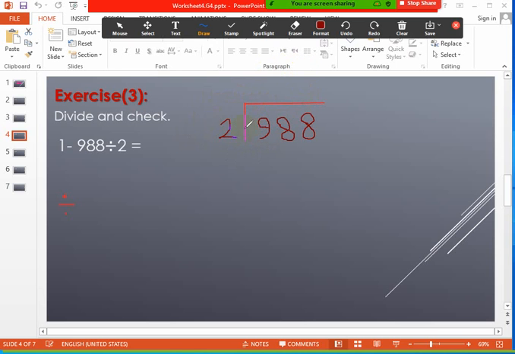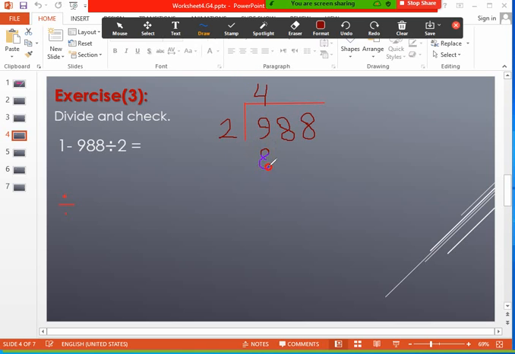Kinda, in the multiplication table. It's 4. Very good. 4 multiplied by 2 equals 8. So I will choose 4.